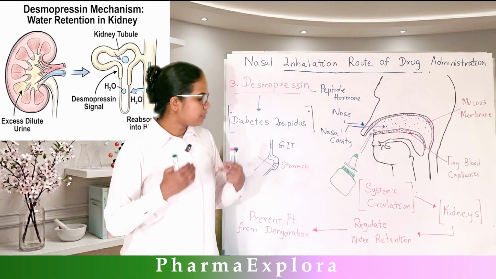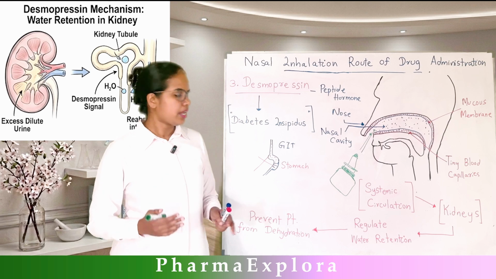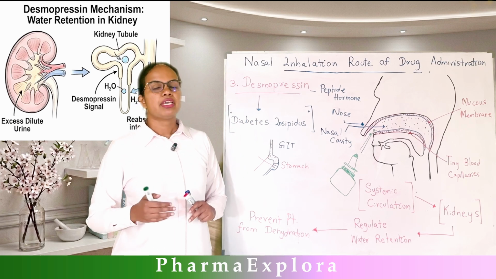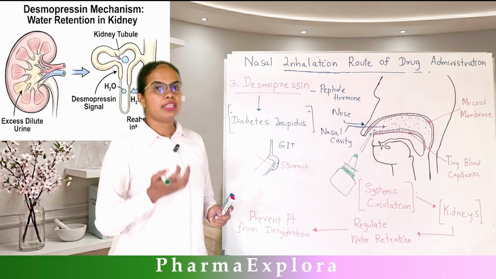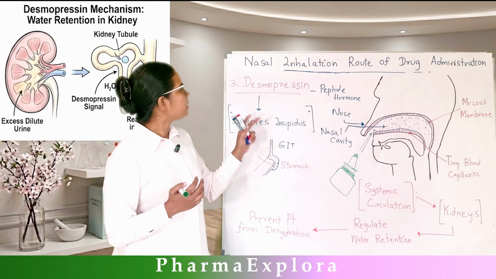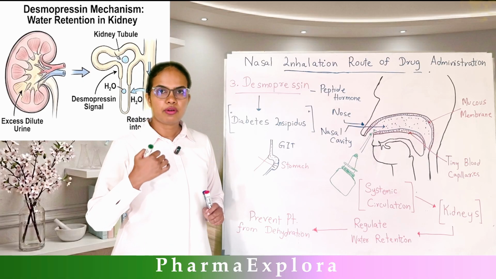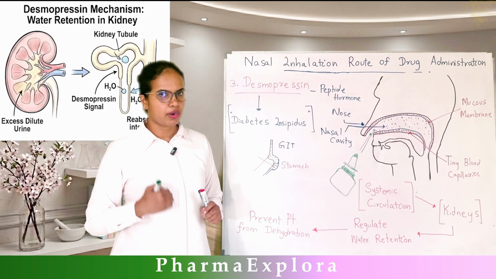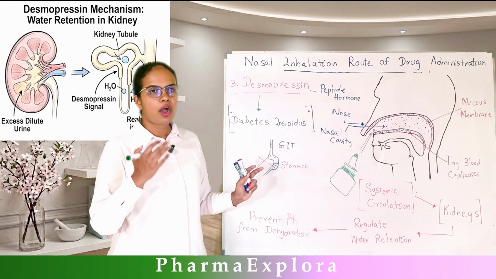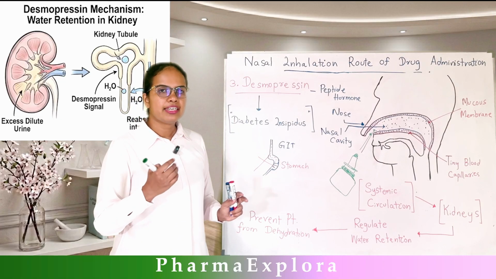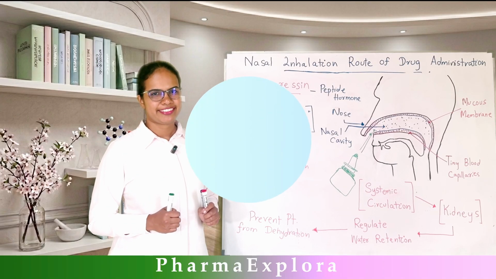Once it reaches the kidneys, it will regulate water retention and prevent the patient from dehydration. So that is how intranasally applied desmopressin treats a major disorder deep within our body. This is a good example to show how the nasal inhalation route achieves systemic absorption.